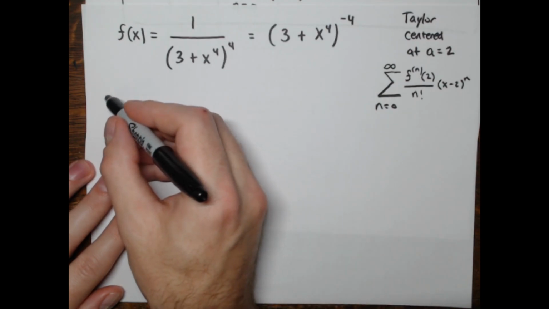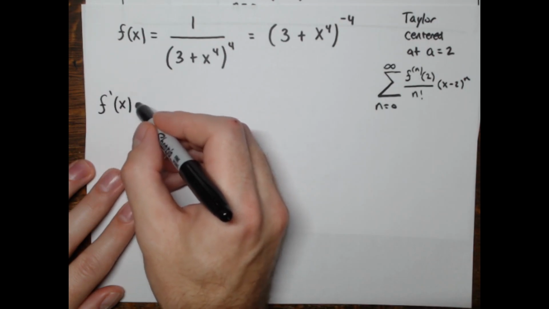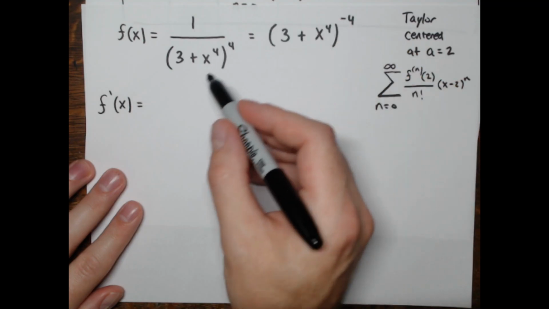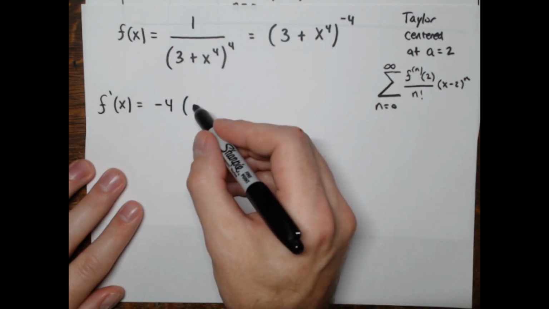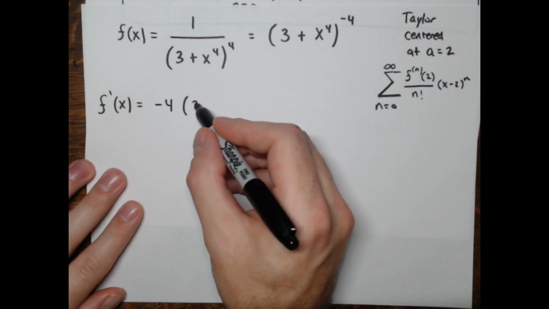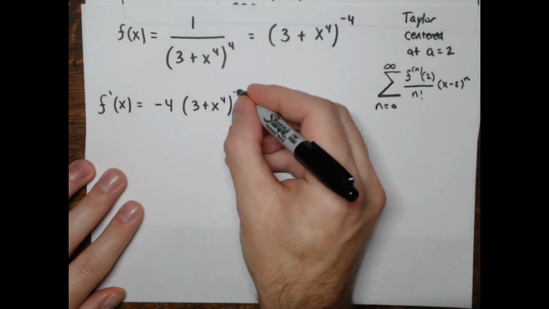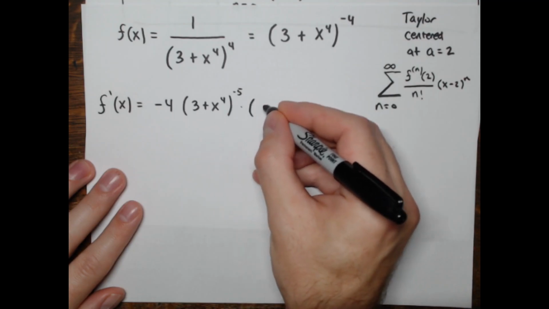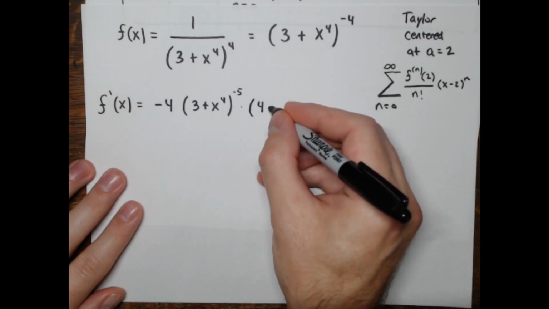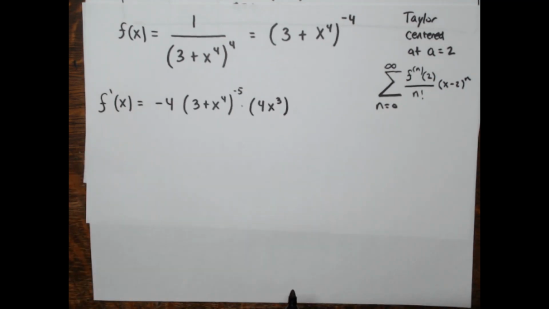So watch, for the derivative, f prime would have to be -4 times (3 plus x to the fourth) to the -5th, applying the power rule, but then every single time I'm going to be multiplying by this 4x to the third.